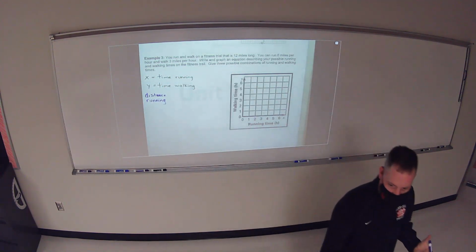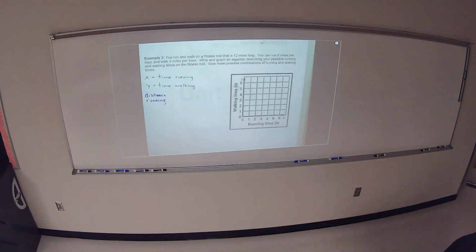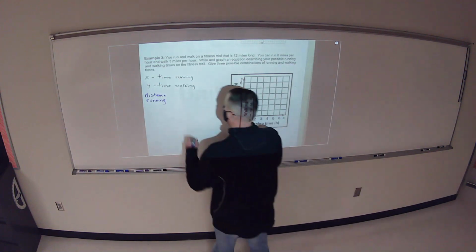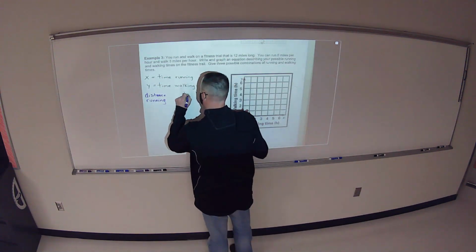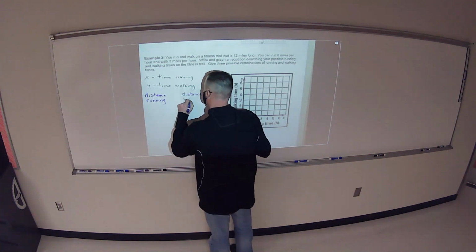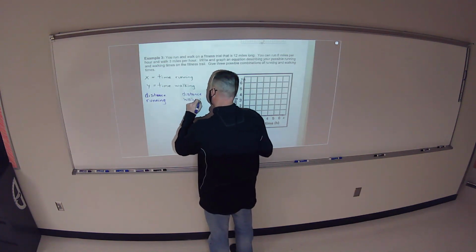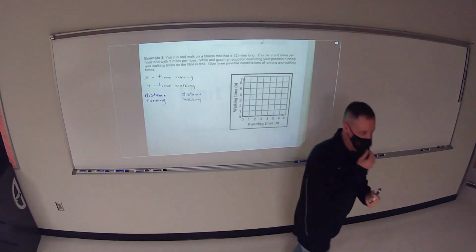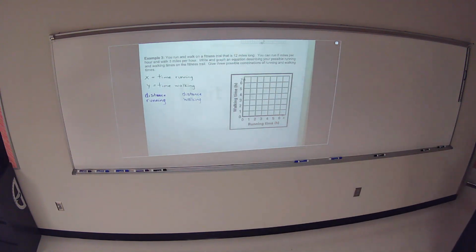We know it's got to be at least 0, maybe bigger. But we've run some distance on this particular trail. We also know that we have a distance that we have walked. This could be as low as 0 miles. This could be as high as 12 miles for the entire trail.